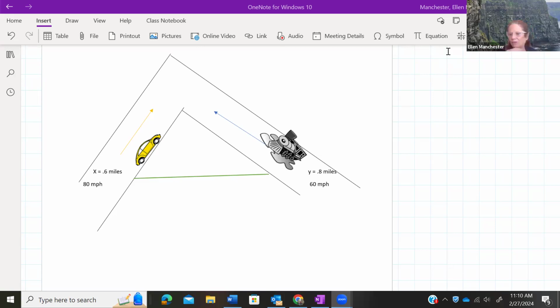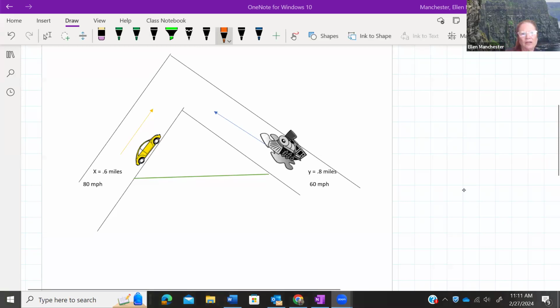Okay, so here's your scenario. You have a train and a car, and you're coming into this intersection. The first thing I want you to notice is you have a right triangle. Here is my right angle.